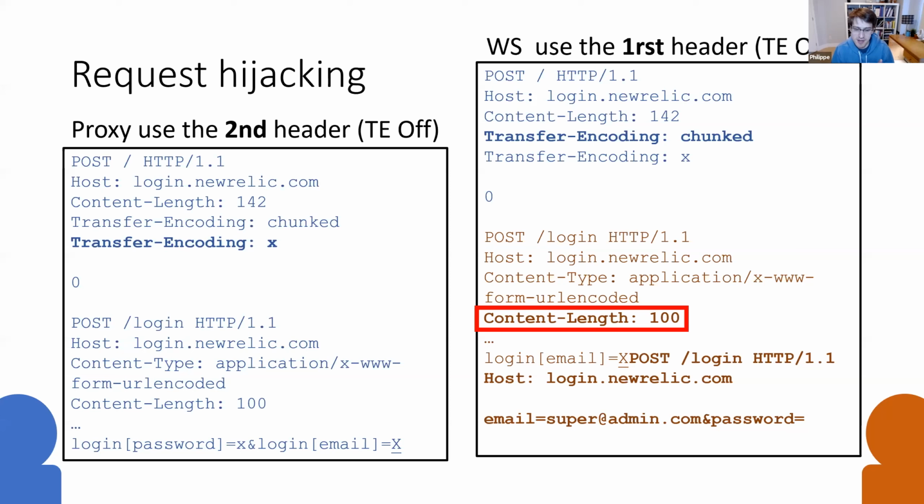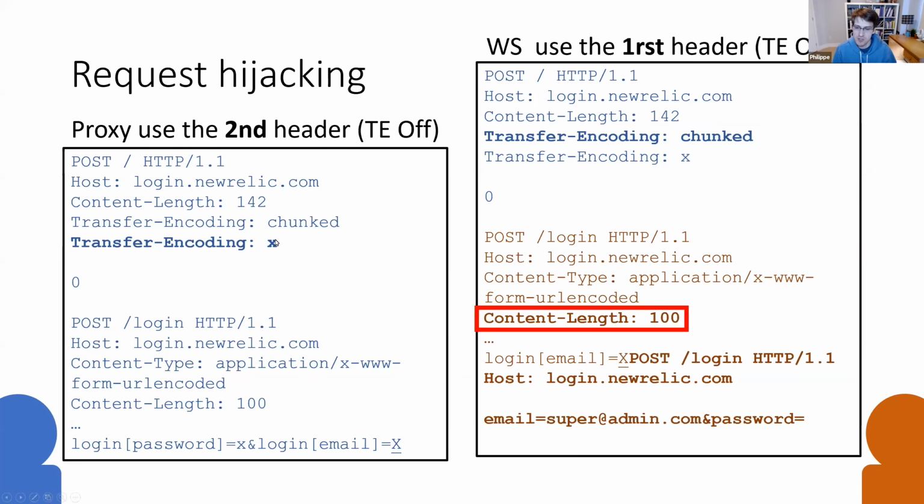we'll use an incomplete request as a prefix to grab content from the following request, and then it will be reflected to us. So how James did it, he used two Transfer-Encoding headers. The first one being chunked and the second one X. So it's only the proxies that will keep the last header.